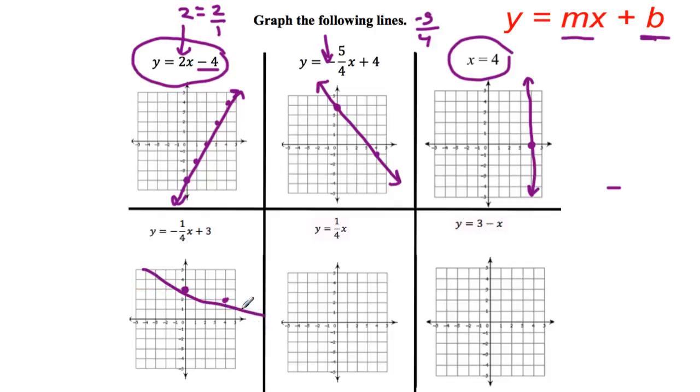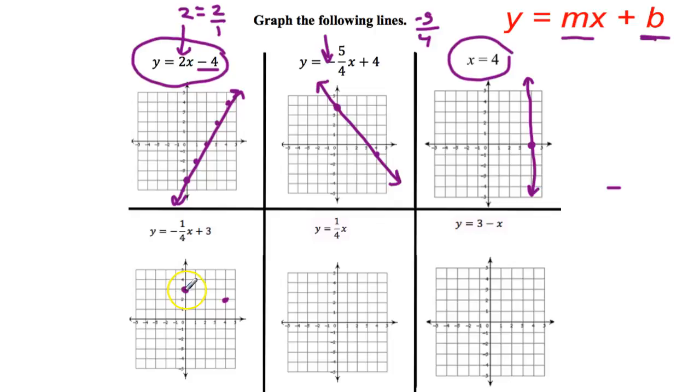Let me try that again. And you know what? There's 2 points. I can actually put one over here. If you go down 1 to the right 4, that means you can go the opposite way. Up 1 to the left 4.